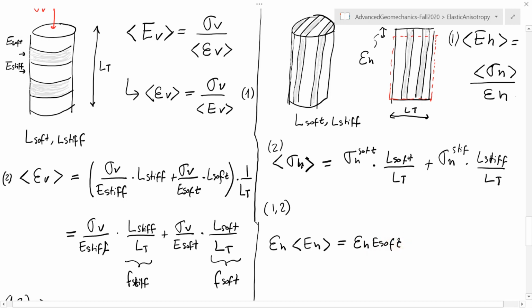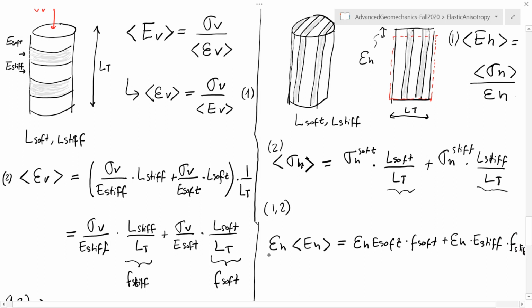And we saw that before, this ratio are just the volume fractions of the soft and the volume fraction of the stiff. I'm going to bring also the equation for the horizontal stress in the stiff layers, which is proportional to the Young modulus in the stiff layers. And that's it. This is what I get from combining 1 and 2, and also from linear elasticity.